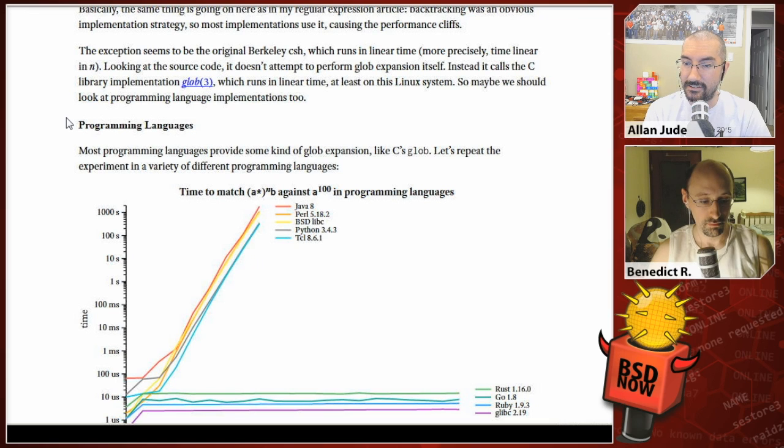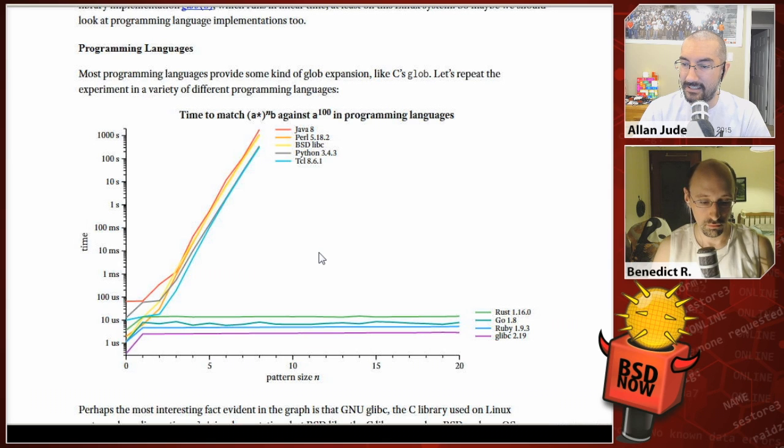So maybe we should look at programming language implementations. And they found that glibc, Ruby, Go, and Rust did the right thing. But Java, Perl, Python, TCL, and the BSD libc did the wrong thing.